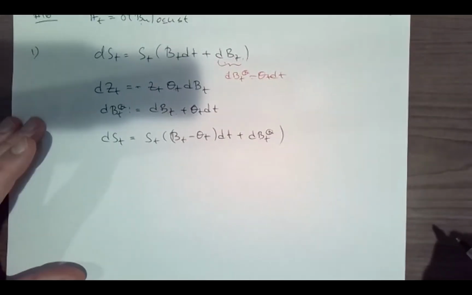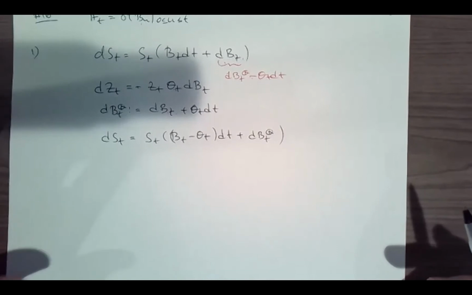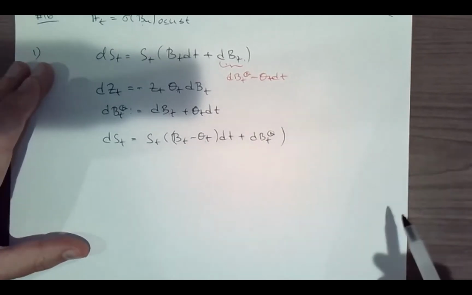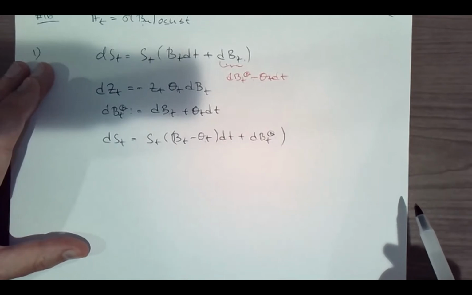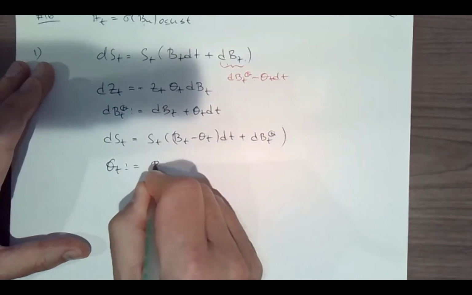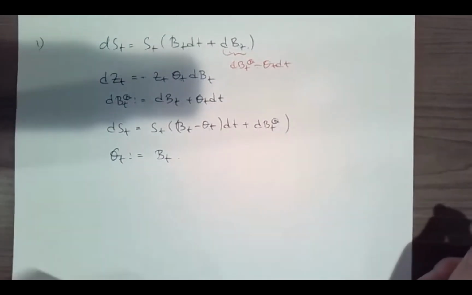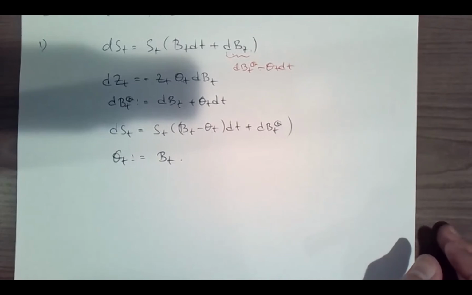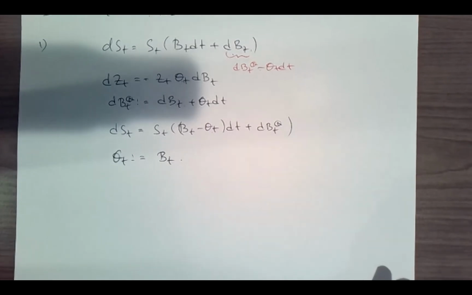Right, so if I want to have no arbitrage, then what? I need to find a theta such that there is no drift here. Okay, so I set theta_t just to be B_t. That's not so bad.